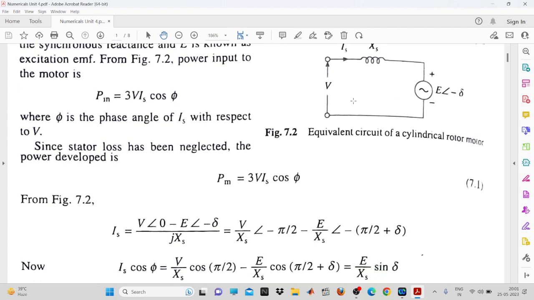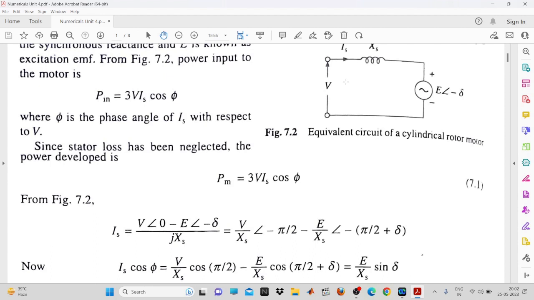Now if you apply KVL in this circuit, this is what you get. V is a vector quantity, so it has a magnitude as well as an angle. Generally we take the input voltage as the reference, and with respect to this V we plot all the other electrical variables.